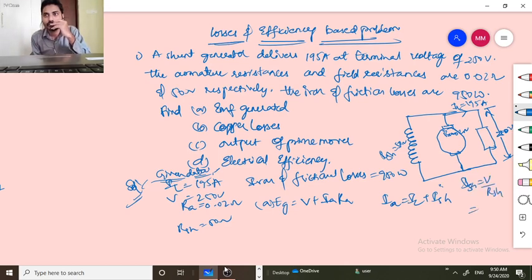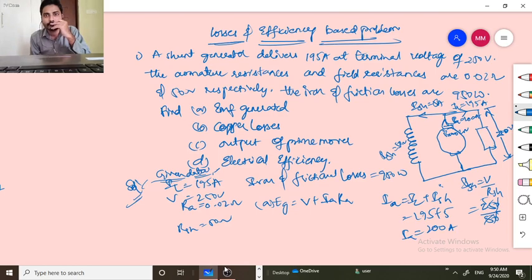V is 250, RSH is 50. So ISH is 5 amperes. IL is 195 plus 5, 200 amperes. So IA is equal to 200 amperes.